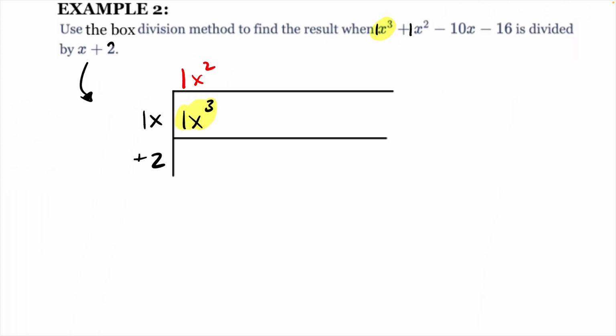And then multiply again. This guy times this guy is 2x squared, right? That's going to go down here. Start closing off the box a little bit. Okay, grab one of your colors.